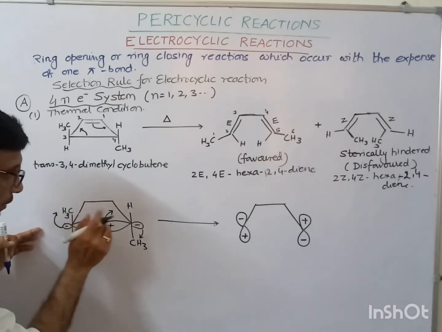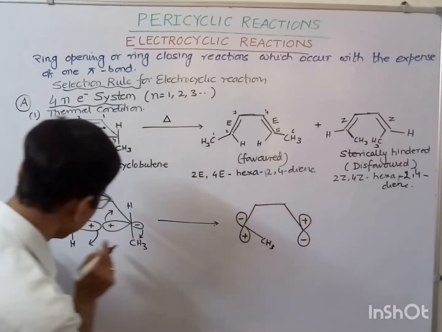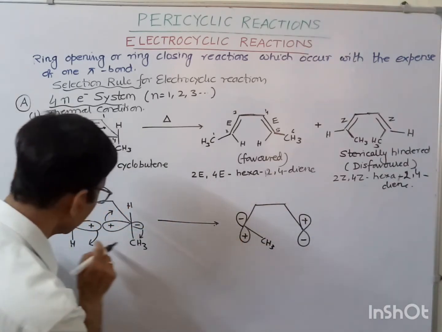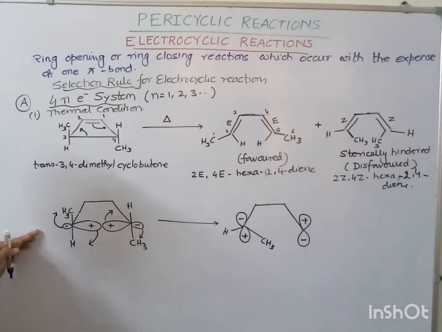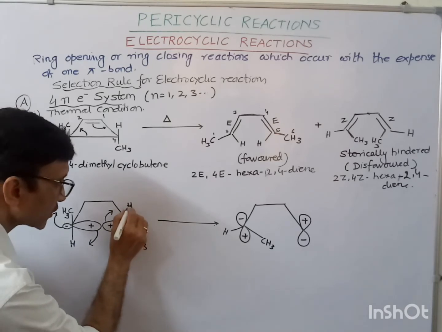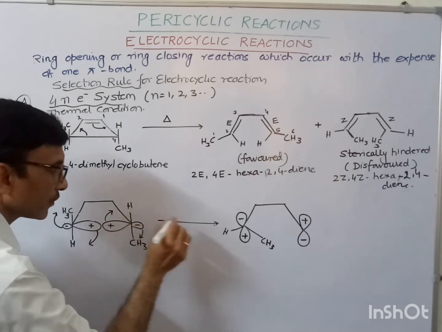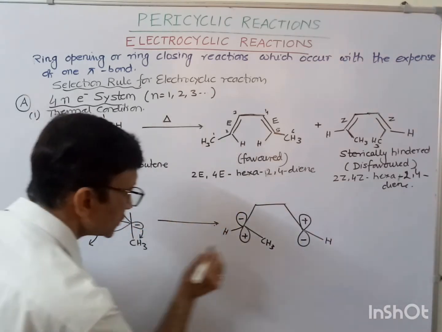So CH3 is coming in, and hydrogen is coming out, like this. And for this one, hydrogen is coming out because hydrogen will also move in a clockwise manner. So hydrogen is coming out and CH3 is coming in.